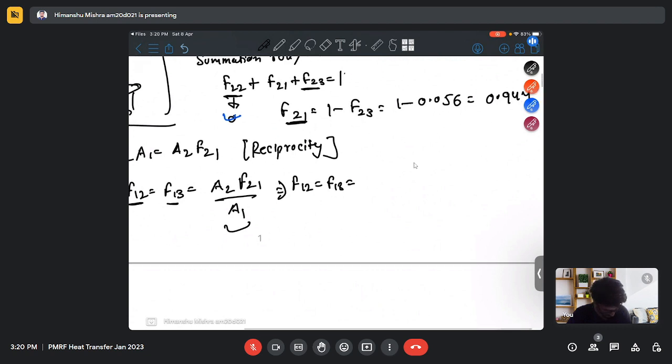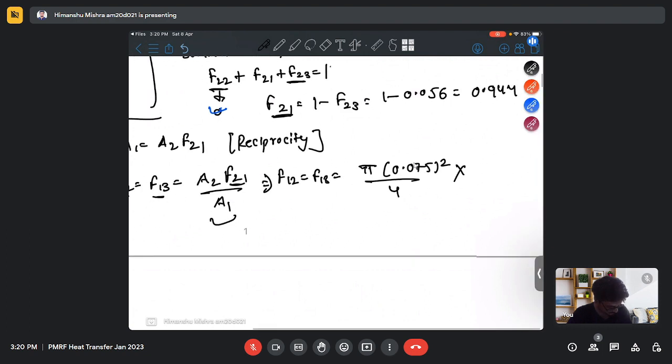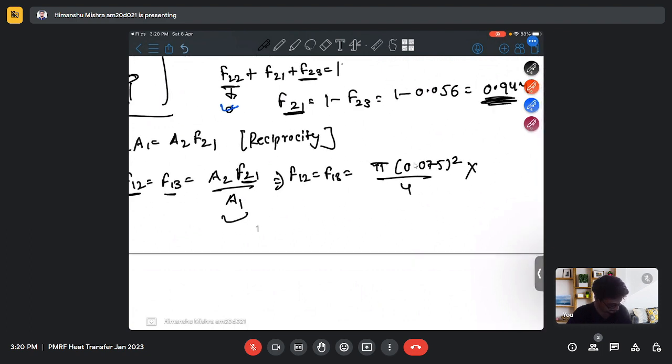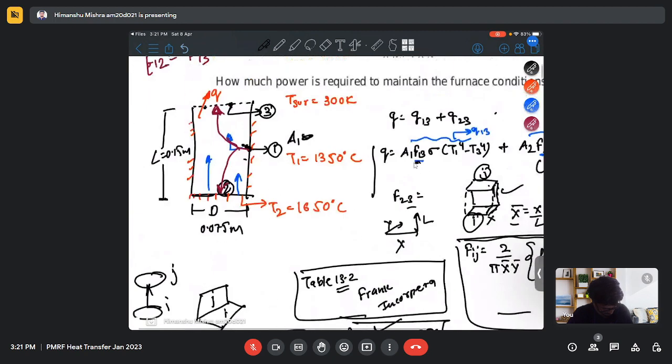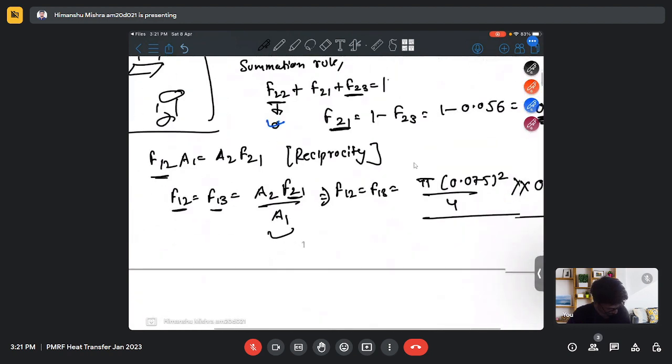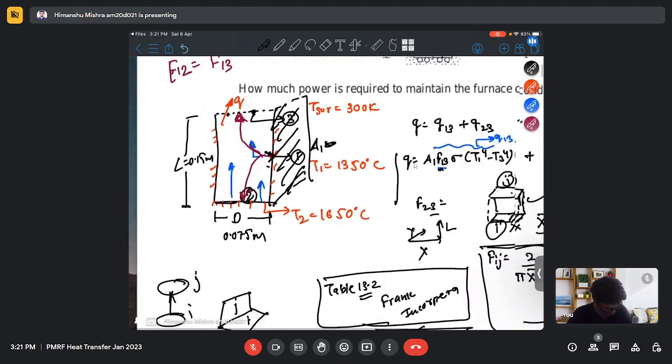So my area A2 will be just the area of a disc. And my shape factor F21 is this. And my area 1 will be this one. It's a cylinder actually.